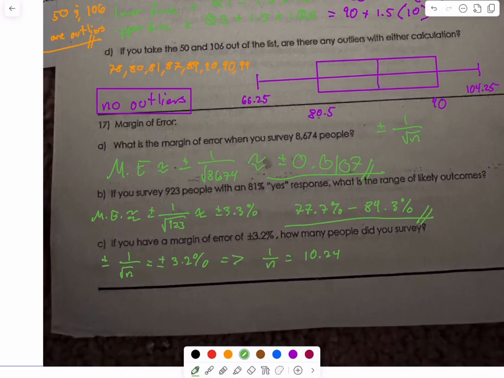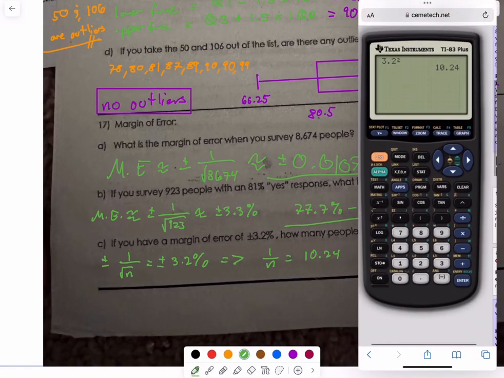Flip both sides. That can't be right. Margin of error 3.2. Probably need to change it to a decimal. Yeah, that's what we're missing.